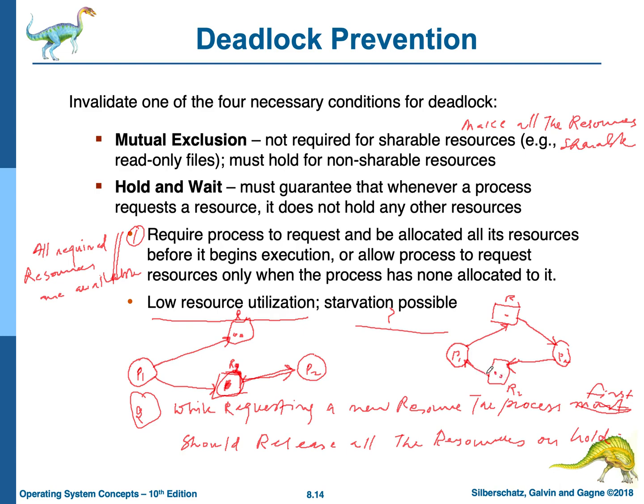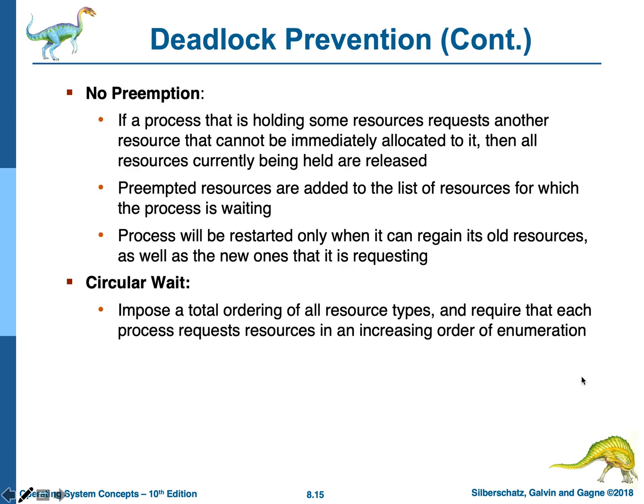He should release all the resources on hold. It means that at a time only one resource can be with any process; not multiple resources should be allocated. So this is the second approach.